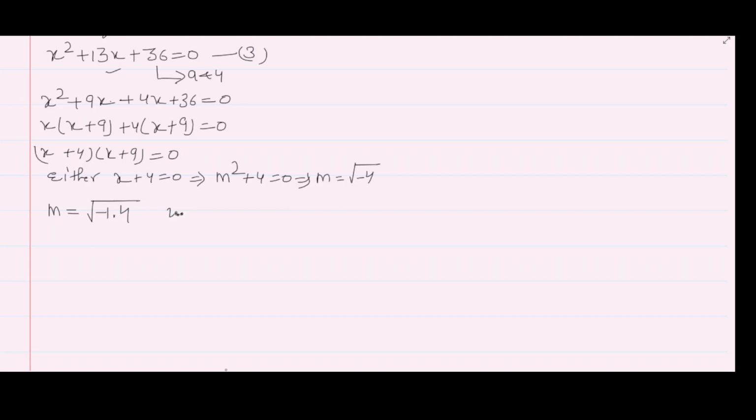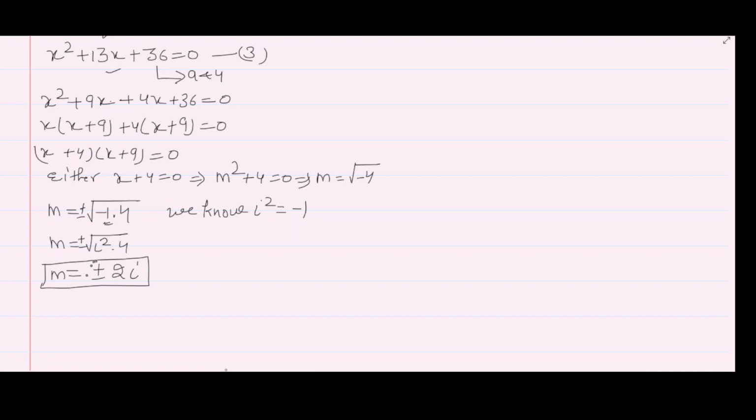And we know the value of i square equal to minus 1, so this minus 1 will be replaced by this i square, so m will be under root i square into 4, right? So then the value of m will be plus minus 2i. Okay, so this value will be m equal to plus minus 2i, right?